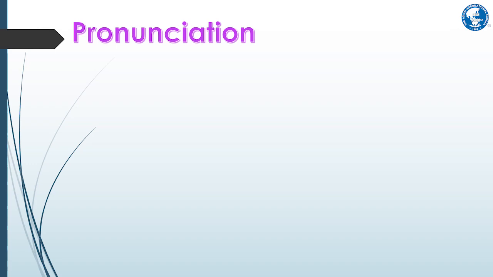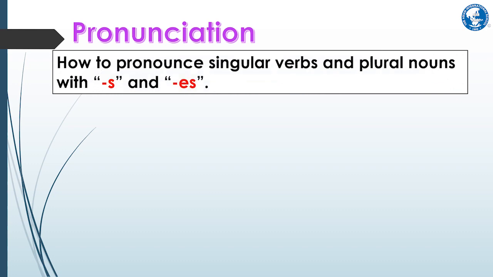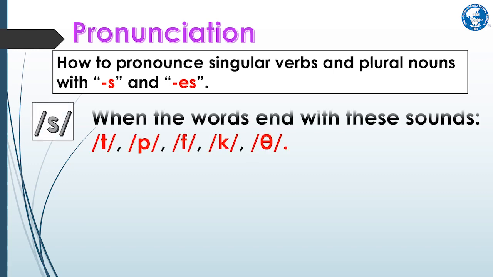Okay, relating to the pronunciation of s and z sounds, I would like to review how to pronounce singular verbs and plural nouns with s and es. We pronounce s when the words end with these sounds.